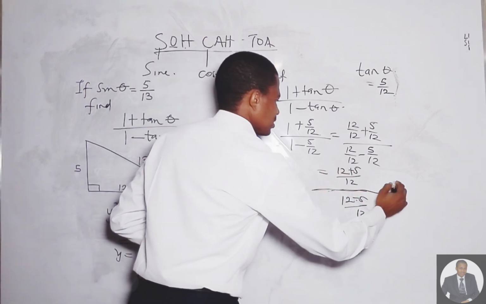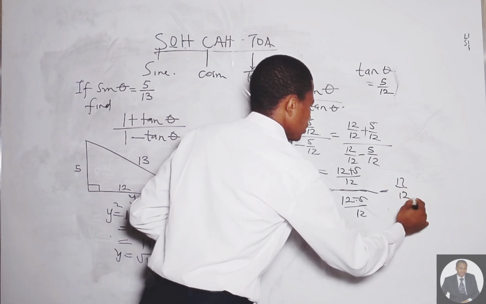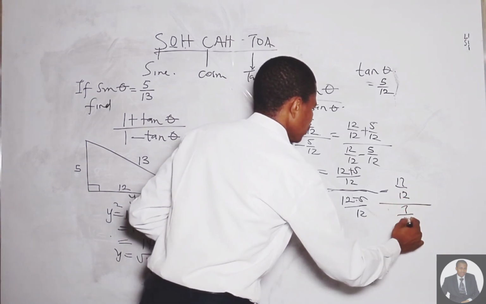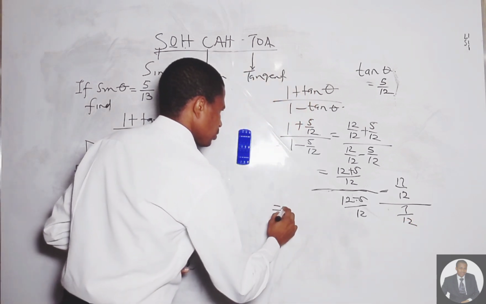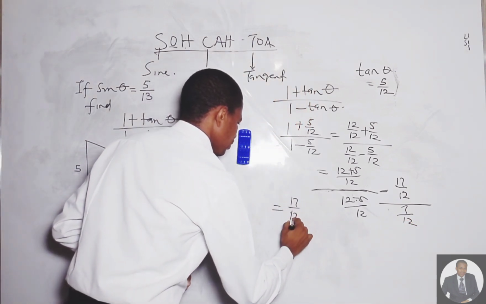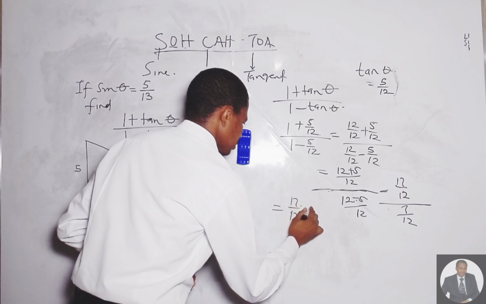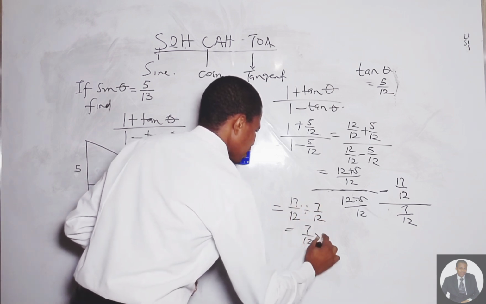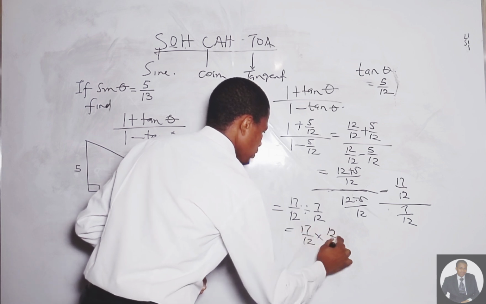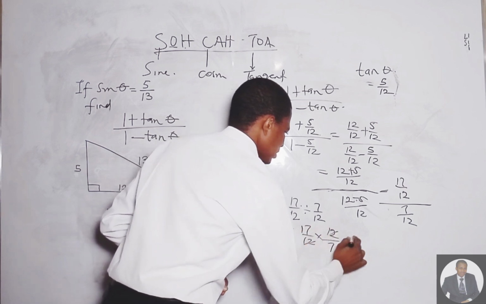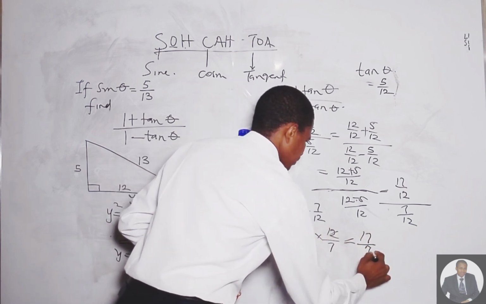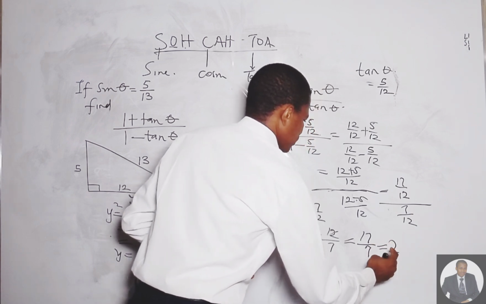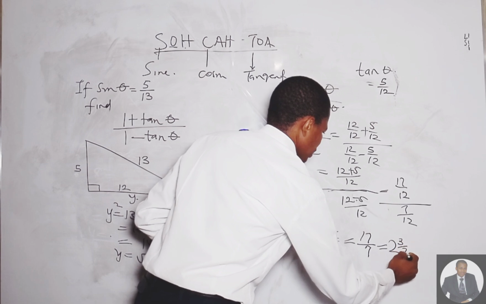And that will give us 17 over 12 all over 7 over 12. That will give us 17 over 12 divided by 7 over 12. That's 17 over 12 times 12 over 7. The answer is 17 over 7, and this can give us 2, with remainder 3 over 7.